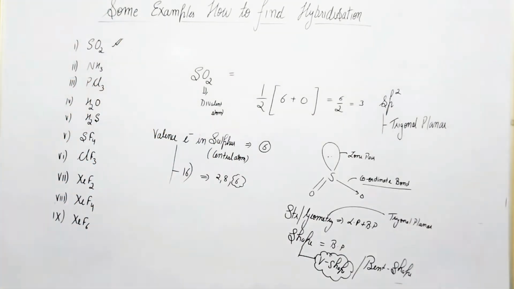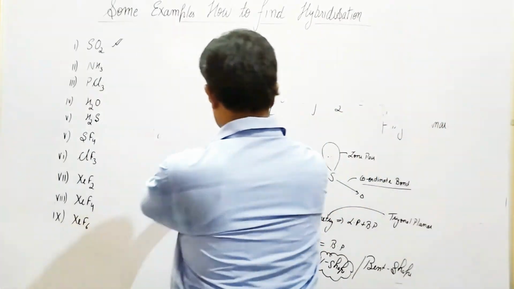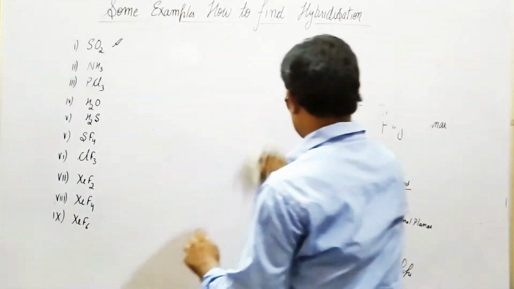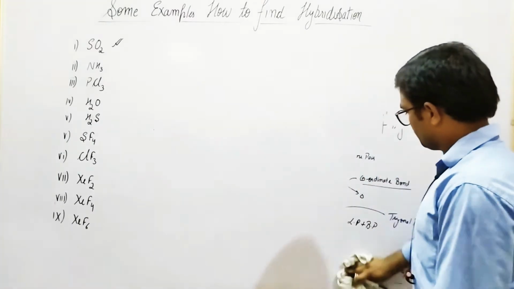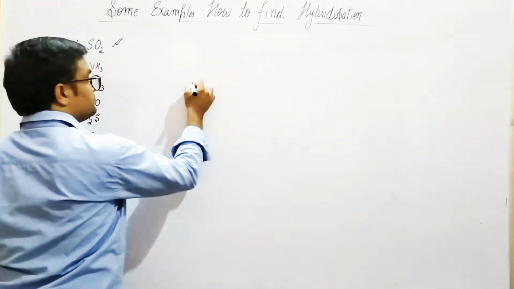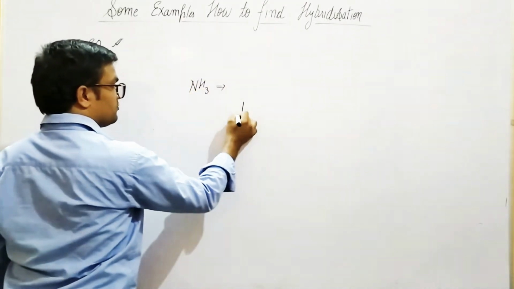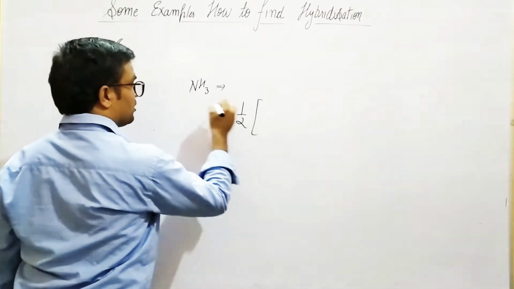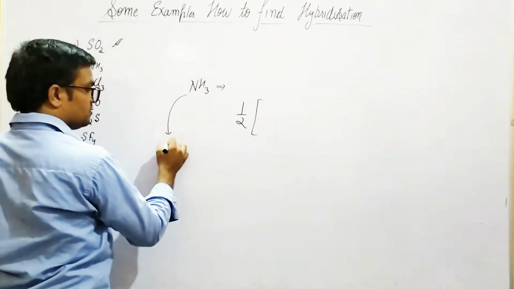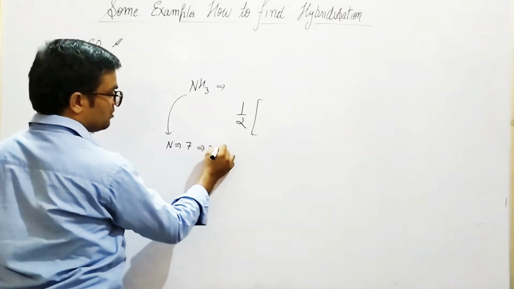Now we will try the next example. Let's see NH3. In NH3, half the valence electrons of nitrogen are 5. Nitrogen with atomic number 7, therefore its electronic configuration will be 2, 5.